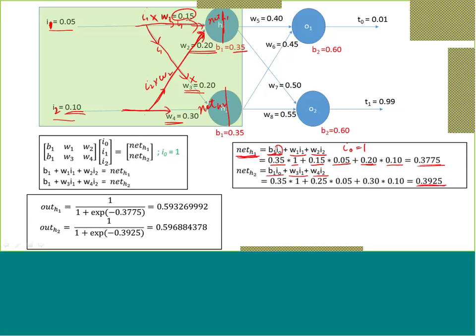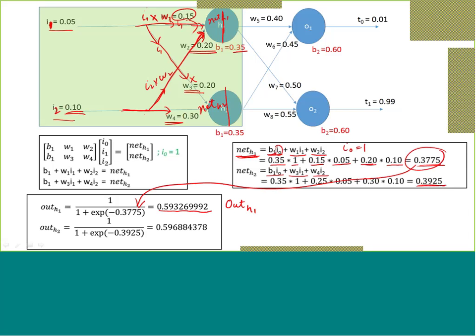When I get these inputs, I have to transform each input through a sigmoid function. I feed this input into a sigmoid function, and I get some output. This output is out H1.